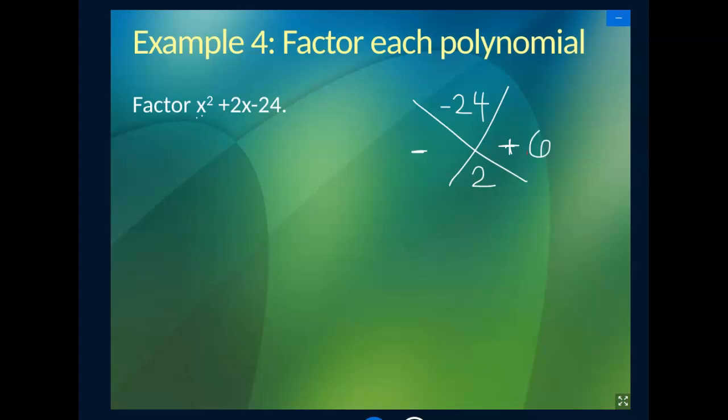So I need a positive 6 and a negative 4. She made the 6 positive because the bottom number was positive. If the bottom number was negative, it would have flip-flopped. So you have x minus 4, x plus 6.